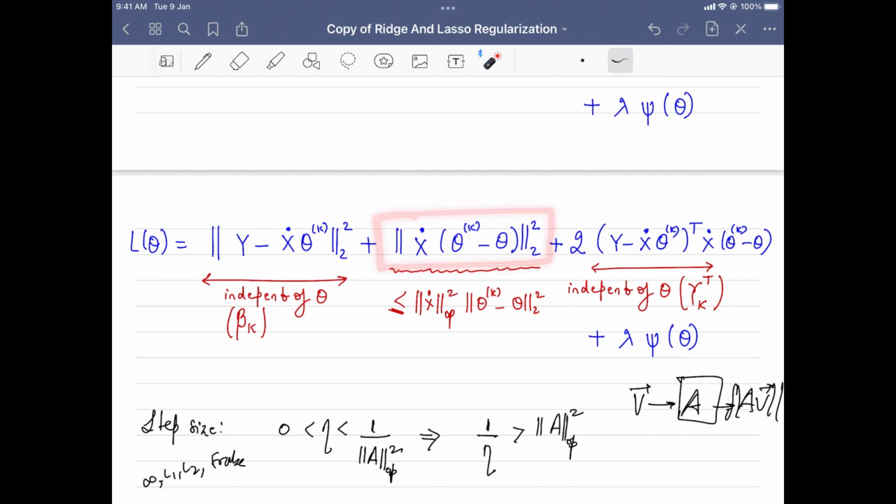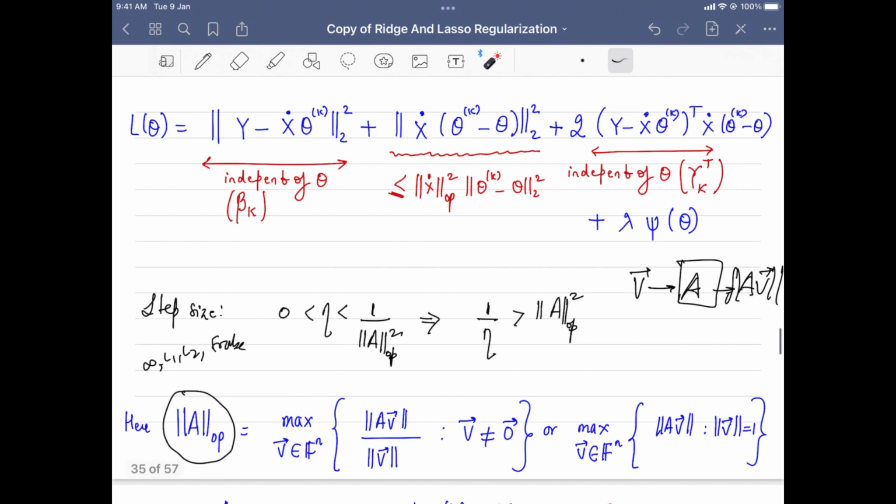As you can see, we have this theta on which L theta depends, and similarly there is one term here also which depends upon theta. Whereas this term which you see here is completely independent of theta, and we are calling it gamma k transpose. So keep this in mind. This is basically independent of theta, and this is also independent of theta, so we call it beta k.